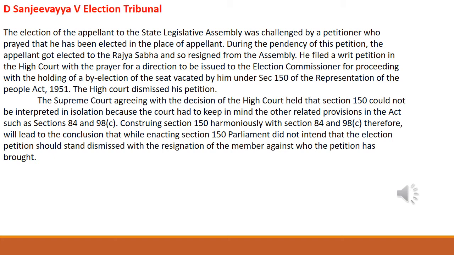Under Section 150 of the Representation of the People Act 1951, a by-election should be conducted for the seat vacated by the appellant. So the High Court said the seat was already vacated, so it would dismiss this petition.